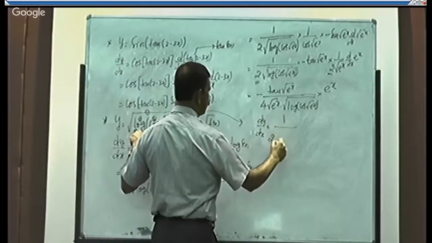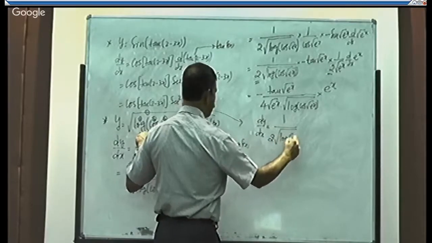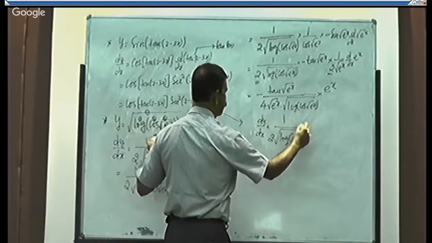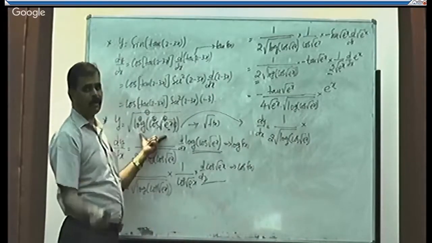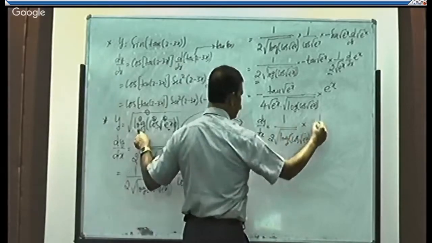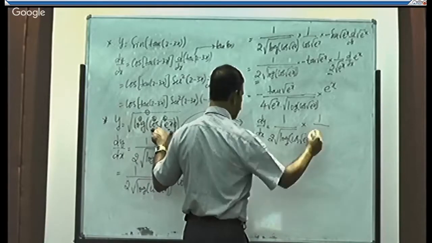It is 1 by 2 root of log of cos of root of e power x into, don't write d by dx of this, directly write its derivative. What is derivative of log? 1 divided by log, remaining is what?